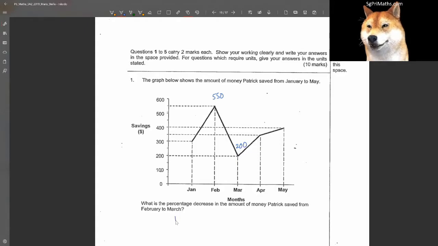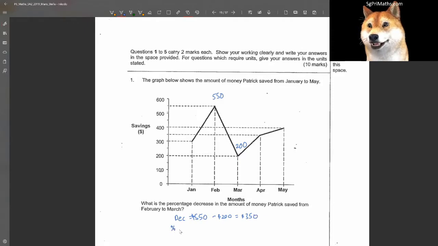So we find the decrease first, which is $550 minus $200, gives you $350.